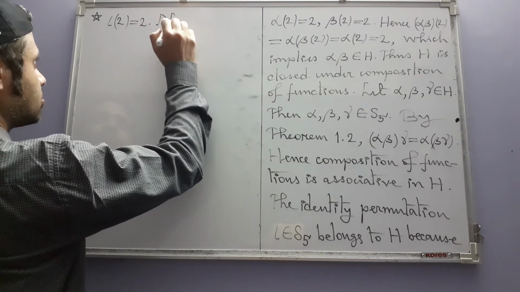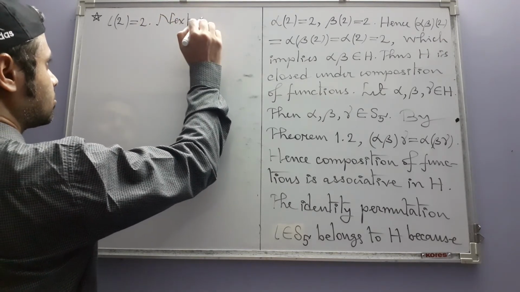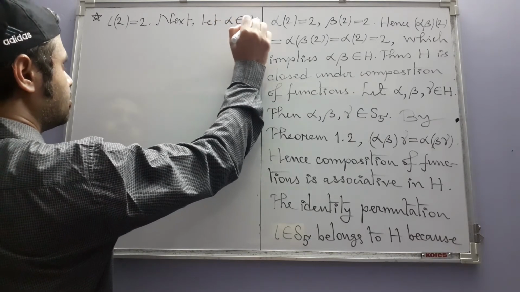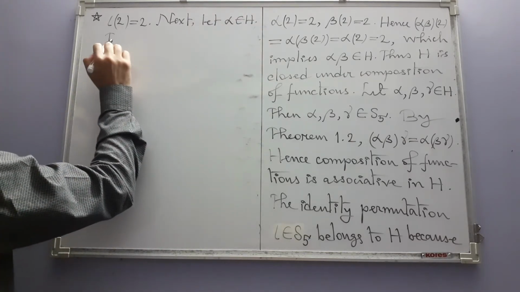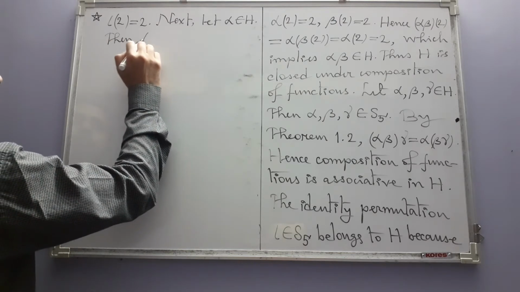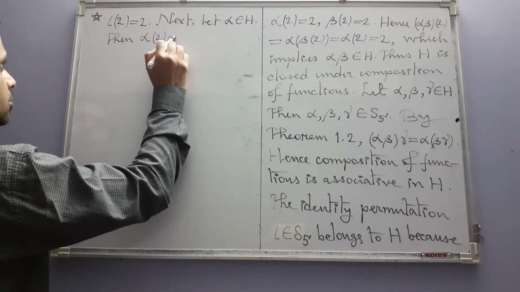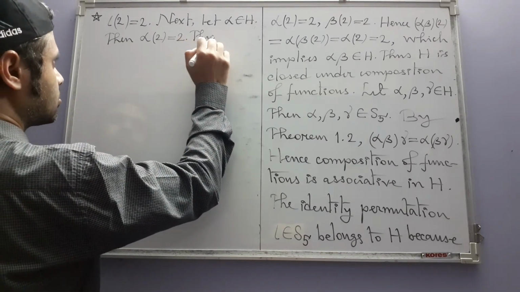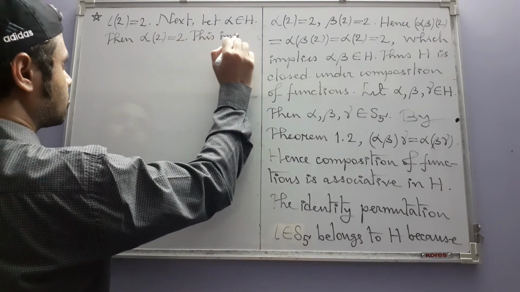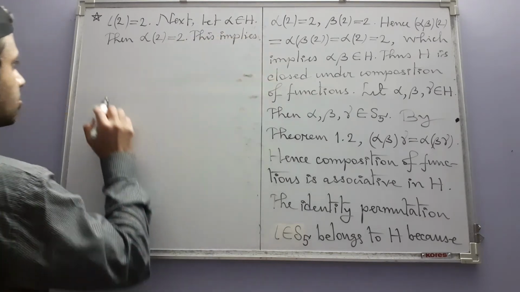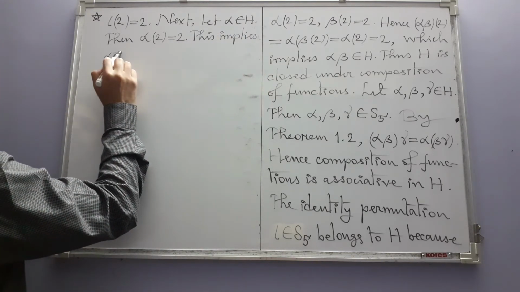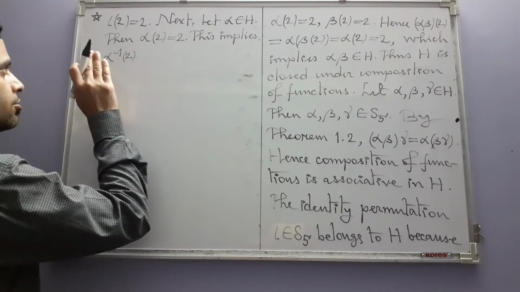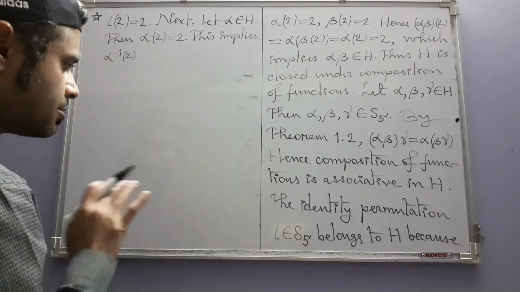Next, let alpha be any element in H. Then alpha of 2 is 2. This implies alpha inverse of 2 is 2. Are we allowed to use this notation now at this stage?